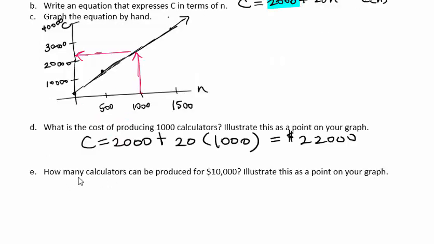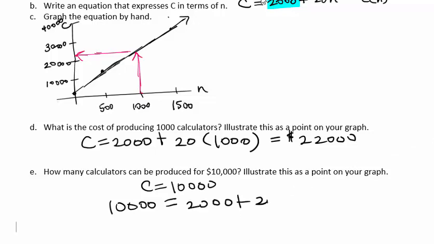And lastly, how many calculators can be produced for $10,000? This is a C value. So we can set C equal to 10,000 in our formula and solve this equation for N. By hand, I would just subtract 2,000 from each side.